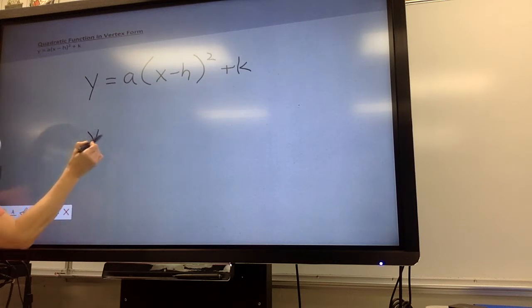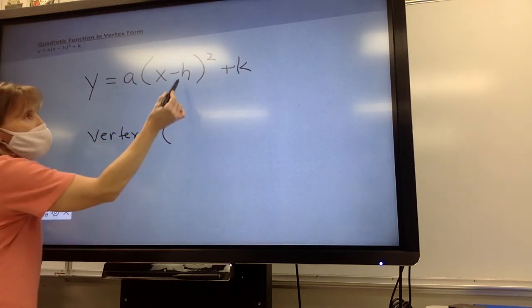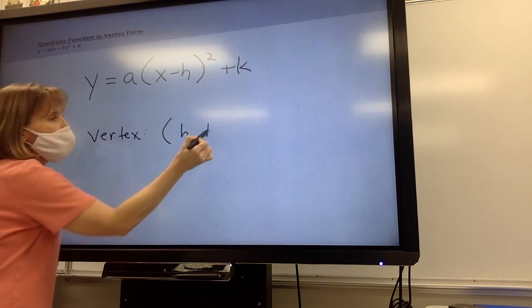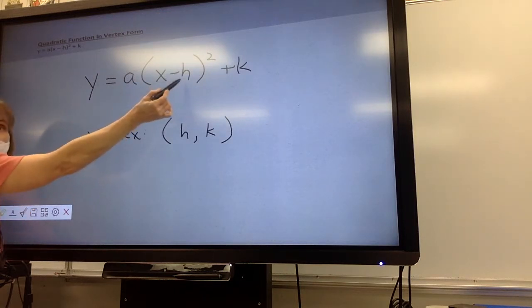So the vertex of the parabola is coming from the h value and the k value. We'd say the vertex is at (h, k). Opposite of h? No, it's h, k, and here's why. In the formula, it's x minus h.